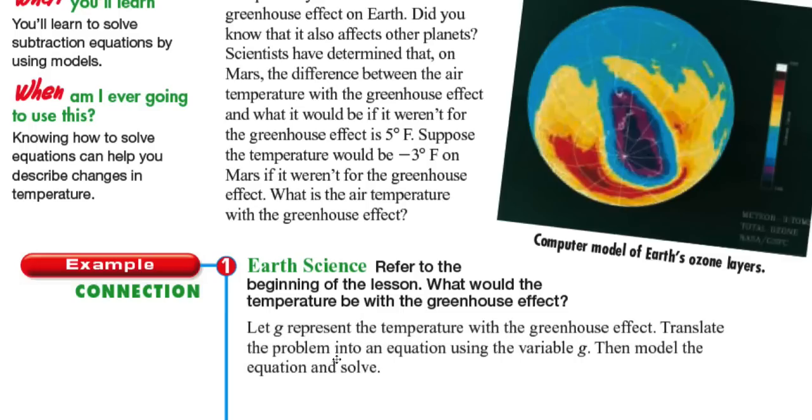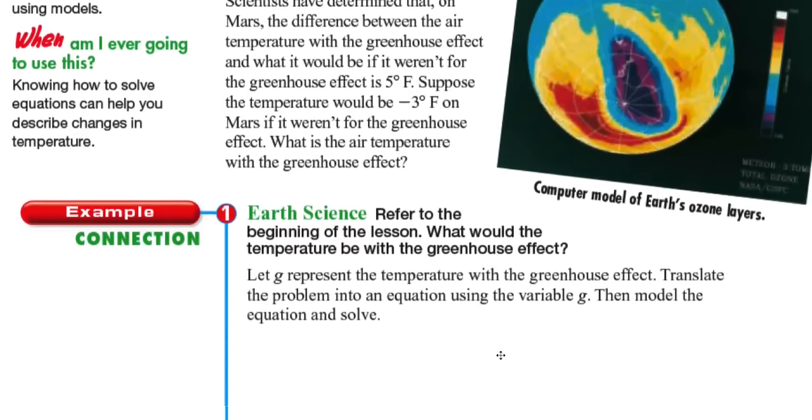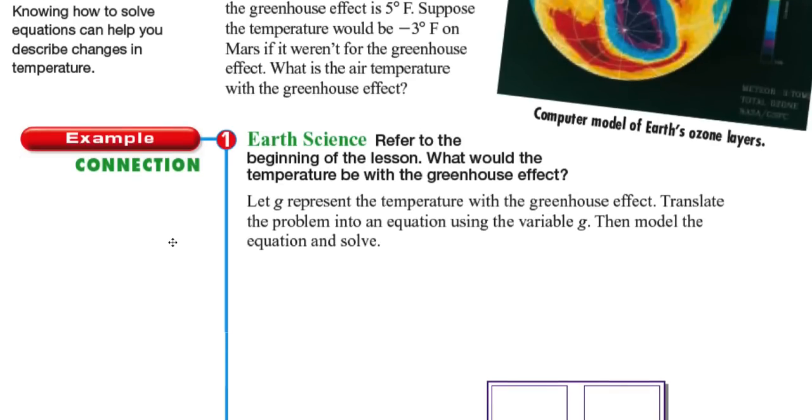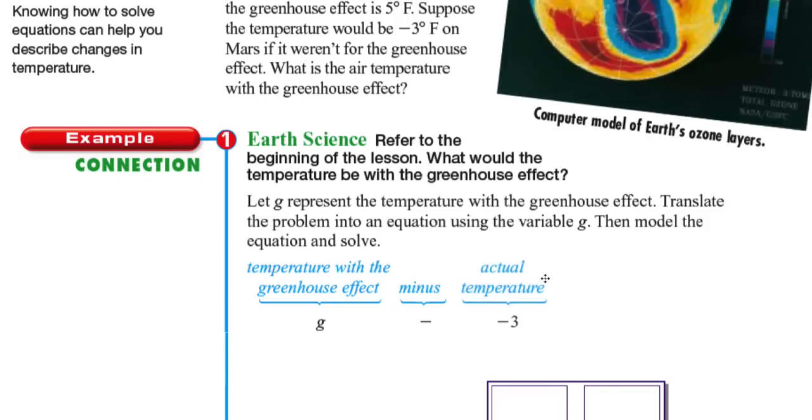Translate the problem into an equation using the variable G, then model the equation and solve. The temperature with the greenhouse effect is G, minus the actual temperature, which is negative 3, equals the difference, which is 5.